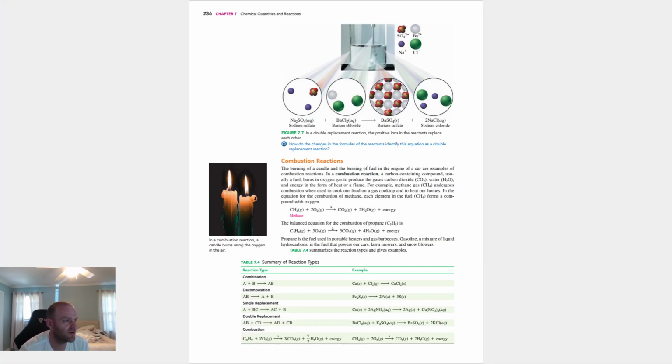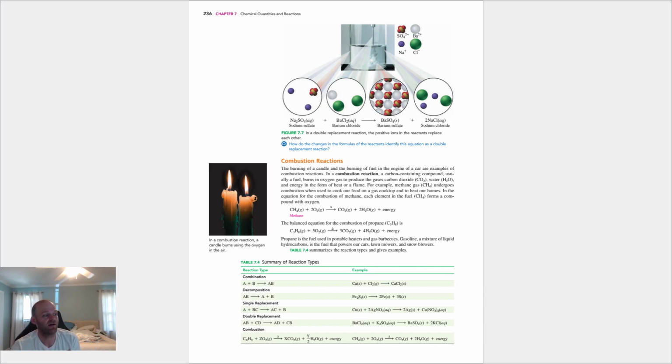It's pretty straightforward. So combustion reaction, anytime something's burned, I like to think about burning as, nothing burns without oxygen, right? So you have to have some type of fuel present. Oxygen has to fuel the fire. So any hydrocarbon, you'll see here in your book, it's like CH4, which is methane.